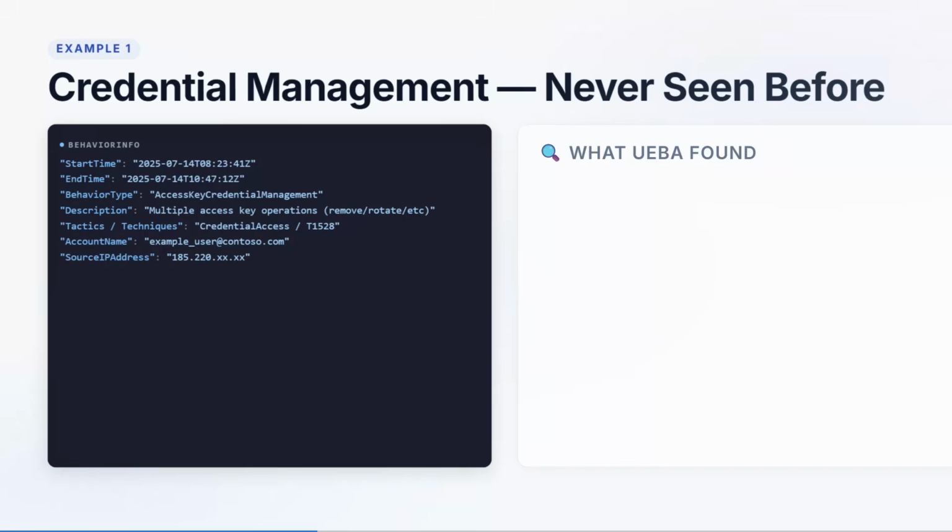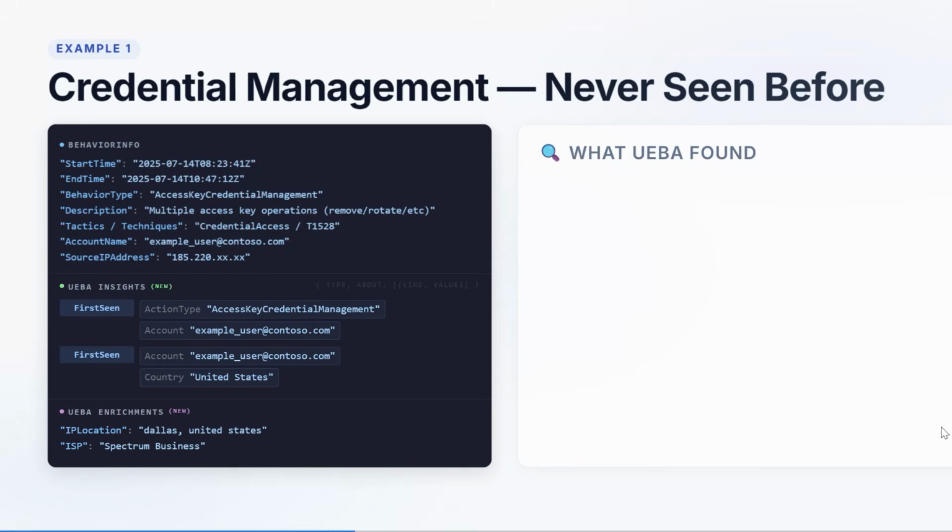Now let's see what UEBA adds on top of that. Using UEBA, we can now see that we have an additional insights column. This is the UEBA insights. And if I look further into it, I can see that I have two insights. Both of them are first-seen. A first-seen that is related to the behavior, which is access key credential management, and the account.